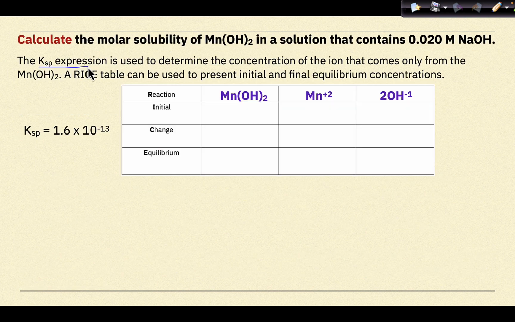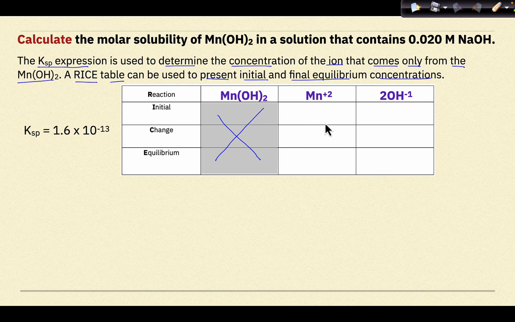The KSP expression is used to determine the concentration of the ion that comes only from the Mn(OH)2. An ICE table can be used to present initial and final equilibrium concentrations. In the beginning, the Mn(OH)2 is not going to be included because it is a solid.